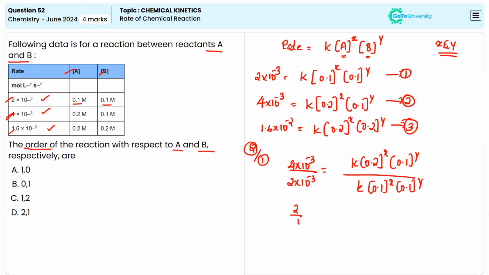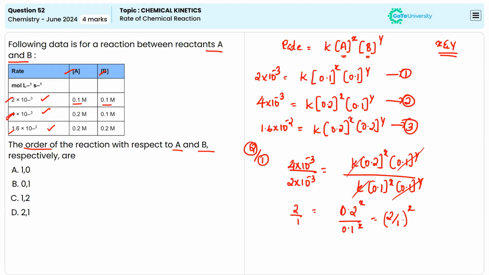So 2 by 1 is equal to, k will be cancelled, both are same, and 0.1 raised to Y will also be cancelled. So 0.2 raised to X divided by 0.1 raised to X is remaining. This is equal to 2 by 1 raised to X.